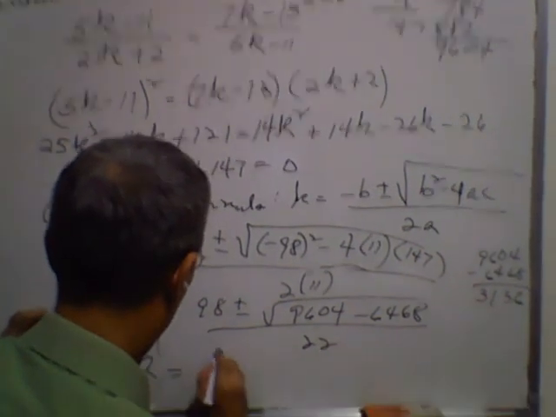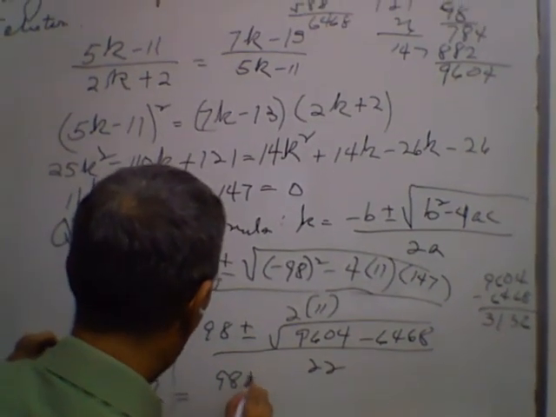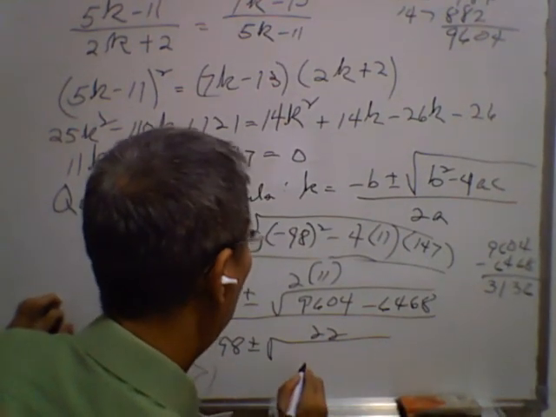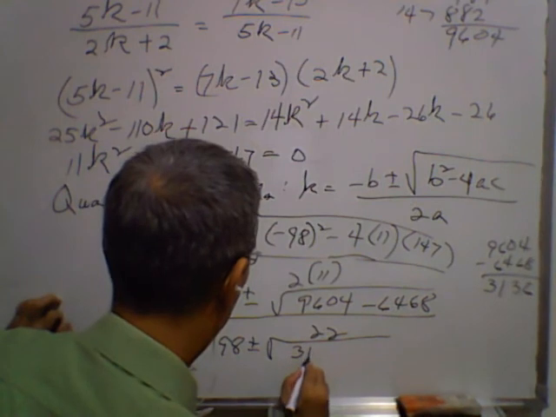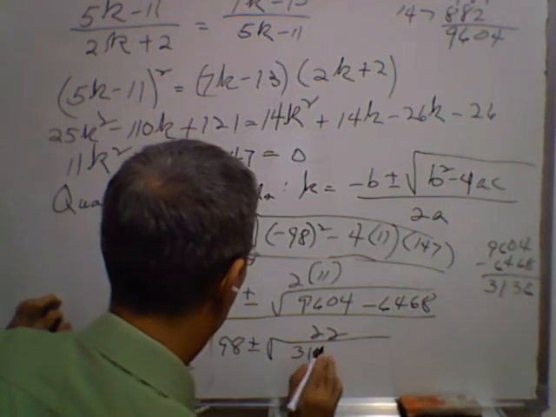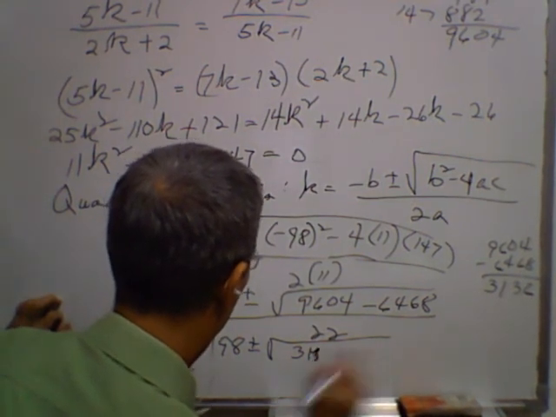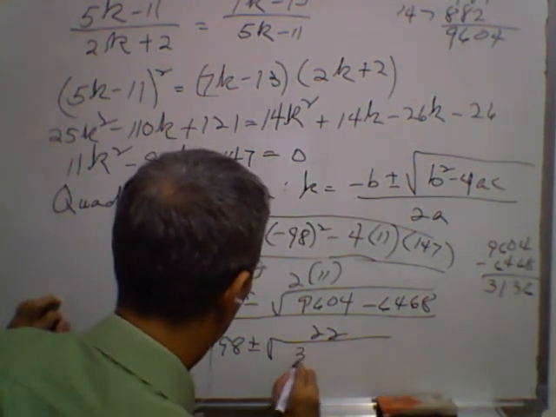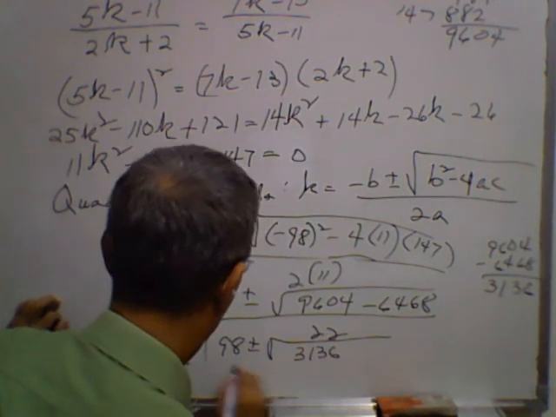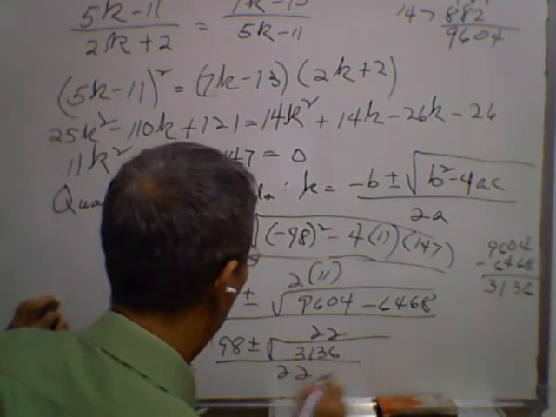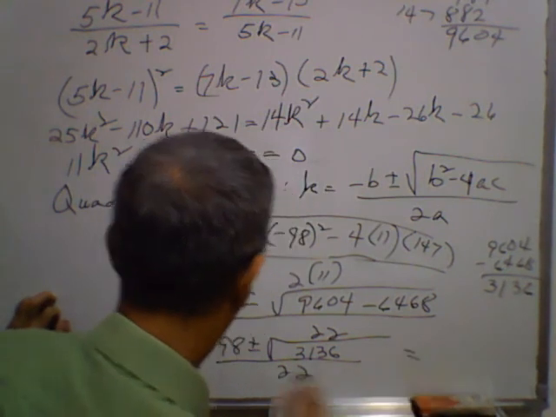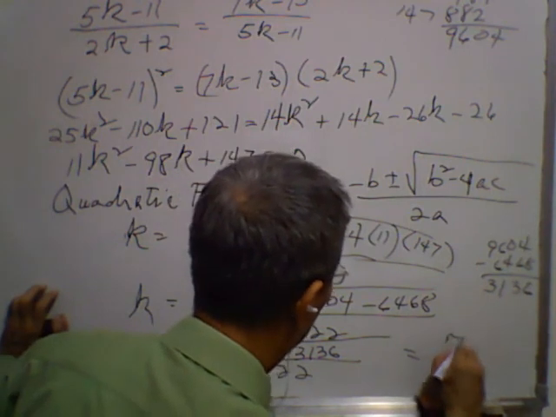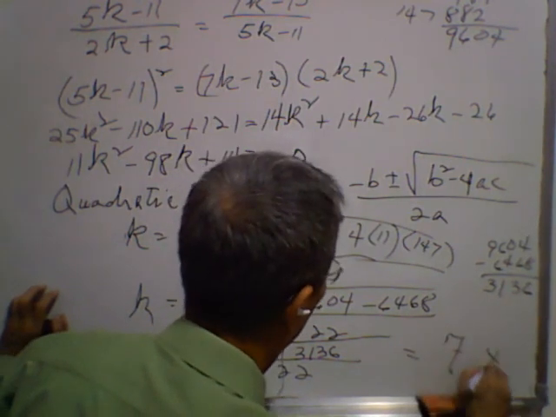So 98 plus or minus square root of 3136, let me make this clear, 3136, over 22. So using your calculator, we'll arrive at k, which is equal to 7. So this is it. This is our answer.